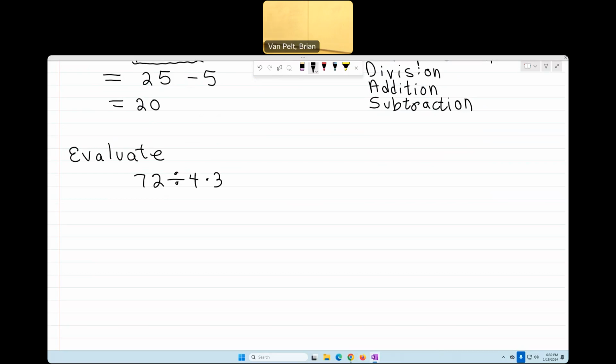How much do you get for that? Try this one by hand instead of just letting the calculator do it.